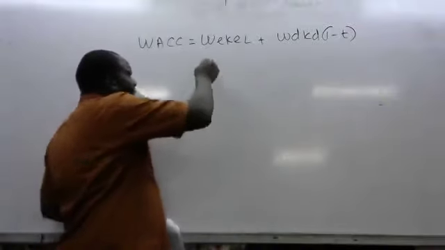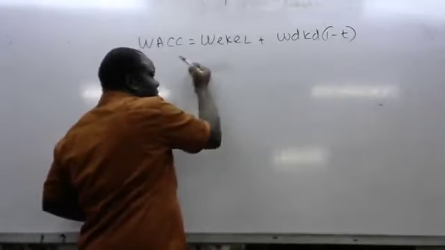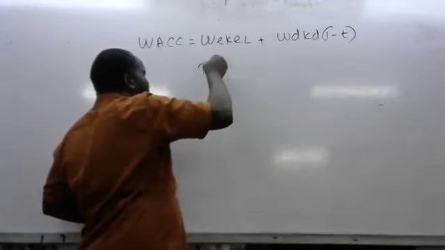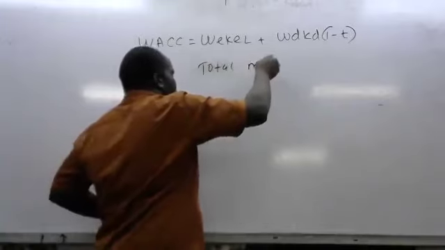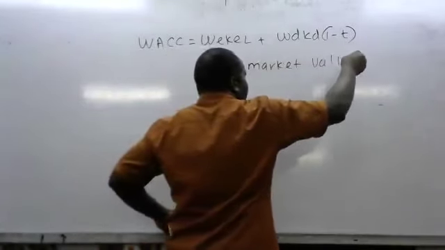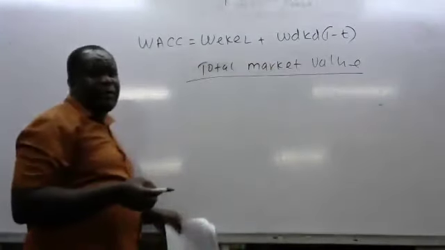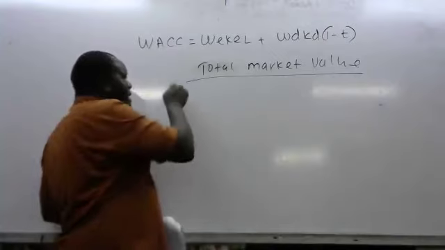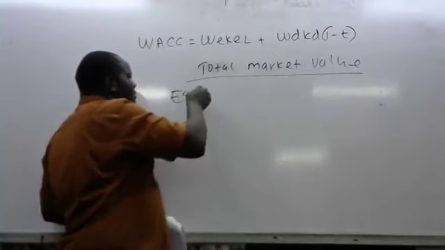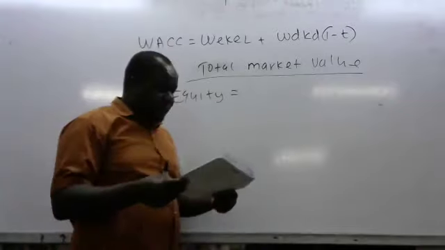So we get the total market value, since they are saying we use market weighted value. To get the total market value, we start with the equity, which is simply the ordinary shares. We have already calculated the market value for equity.